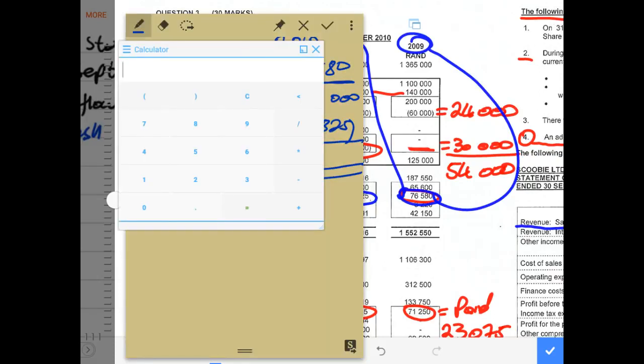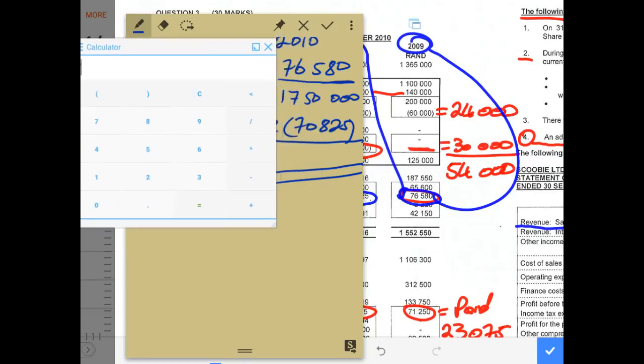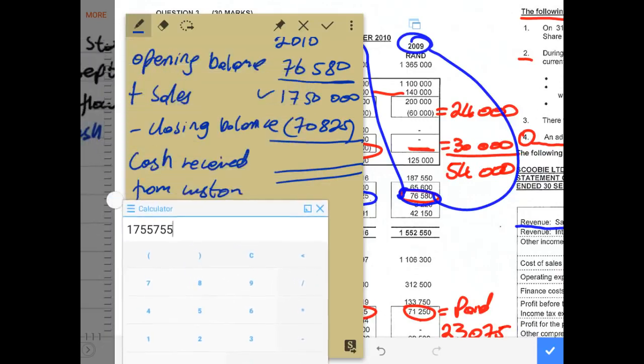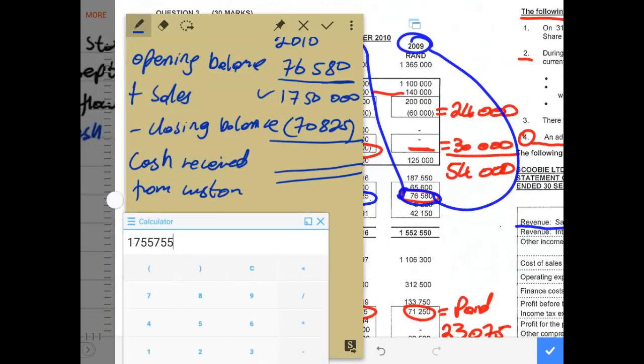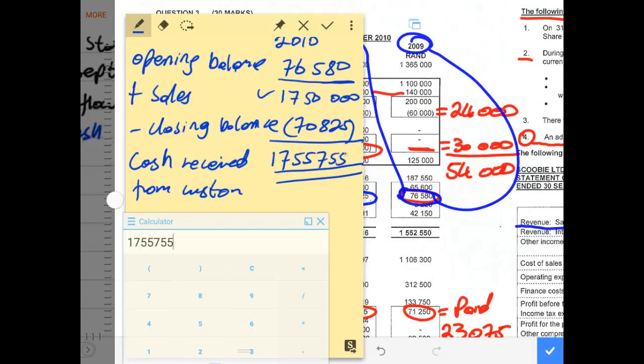Therefore, now we can calculate that and say opening balance 76,580 plus 1,750,000 minus 70,825. And this will give us 1,755,755 rands.